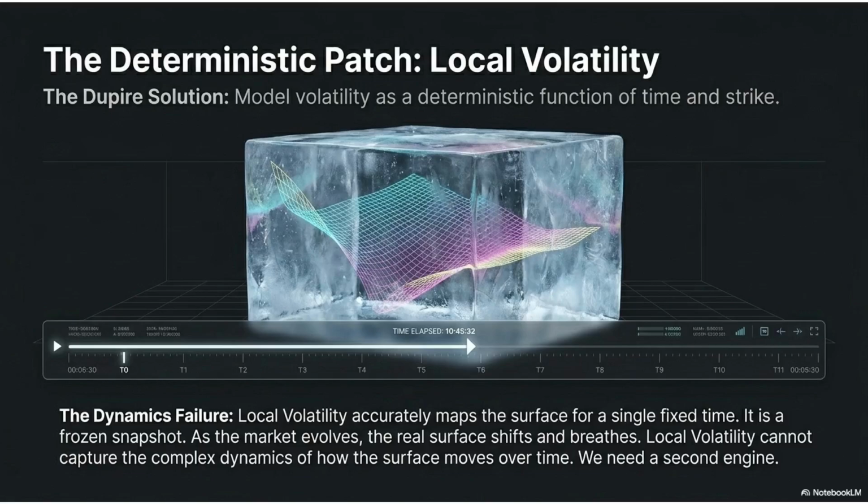Local volatility accurately maps the surface for a single fixed time, acting as a frozen snapshot. As the market evolves, the real surface shifts and breathes, and local volatility cannot capture the complex dynamics of how the surface moves over time, which means we need a second engine.